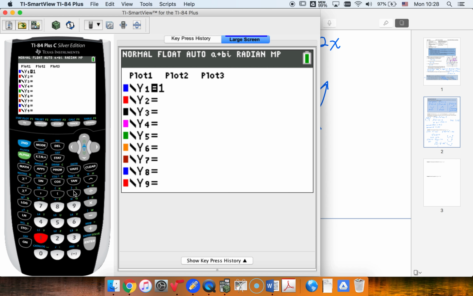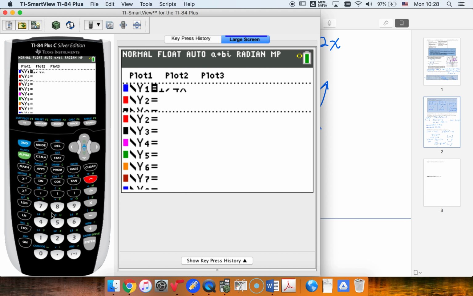I've got 1/4 x to the 4th minus 6x cubed. Notice typing it this way, I'm only dividing by the 4, so that's okay.